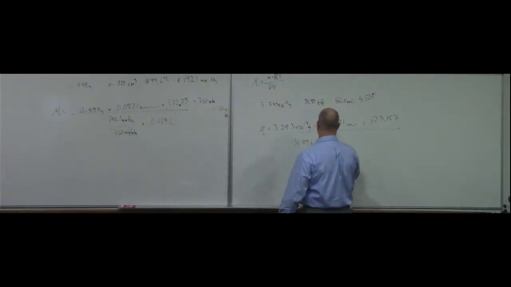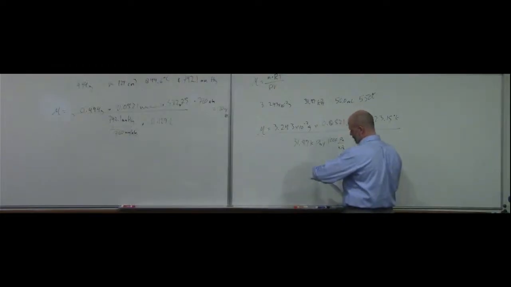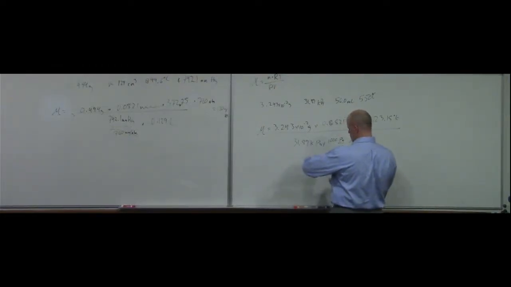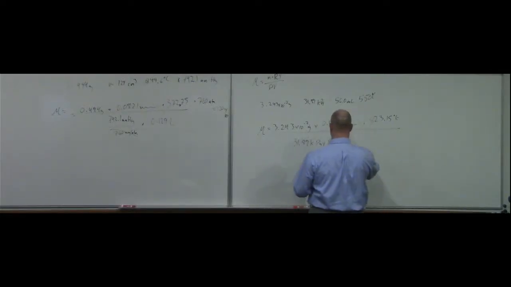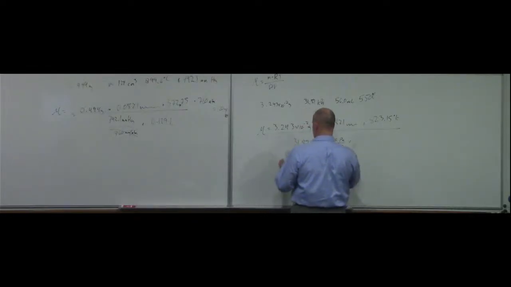So I probably want to begin by converting this kilopascals to pascals, right? Times 1,000 Pascal per kilopascal. And then you've got how many pascals per atmosphere? I want to divide that by 101,325 pascals per atmosphere, right?